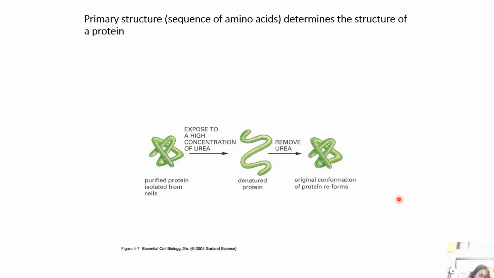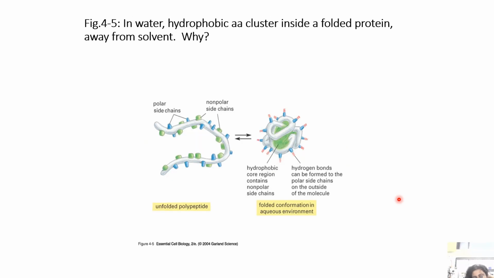So, if a protein purified and isolated from cells is exposed to a very high concentration of urea, we get the denatured protein. If we remove the urea, the original conformation of the protein reforms. In water, hydrophobic amino acids cluster inside a folded protein, away from solvent.